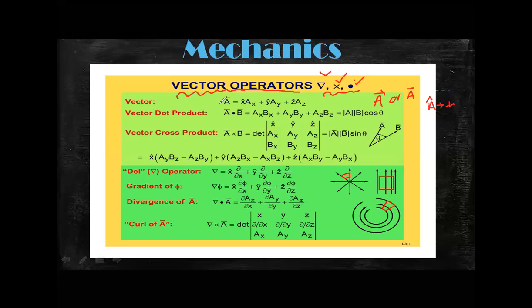Here I can see that any vector basically contains unit vectors. You can see here there are unit vectors i, j, k. So you can write A is equal to Xi plus Yj plus Zk.